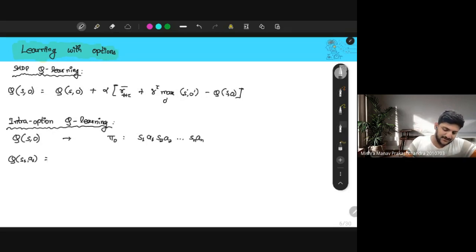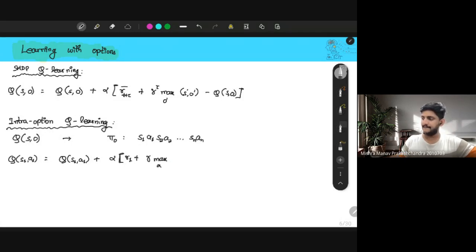The update looks like this: we have this part plus the learning rate times reward R1 plus gamma times max of A Q of S2 comma A, minus Q of S1 comma A1, right?